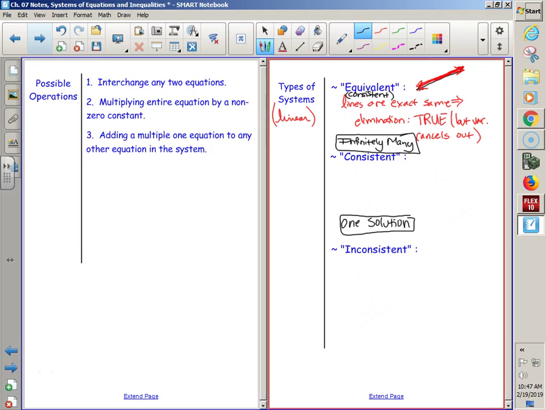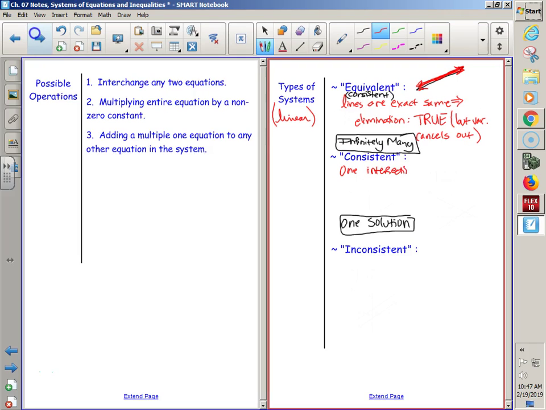But if we're talking about lines, they either intersect in one point, infinitely many, or none. So if there are infinitely many, we're going to call it equivalent for linear. And if it's not equivalent, there's just going to be one solution, so we'll only be able to call it consistent. In this case, you can say that the lines have one intersection point.